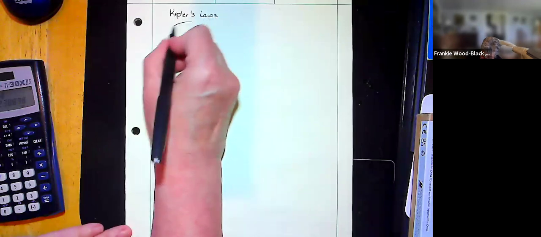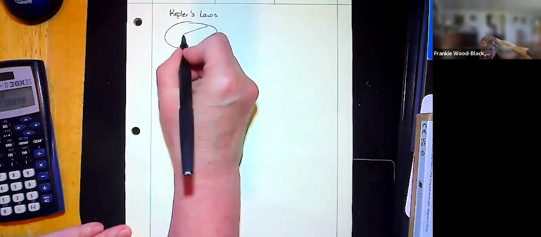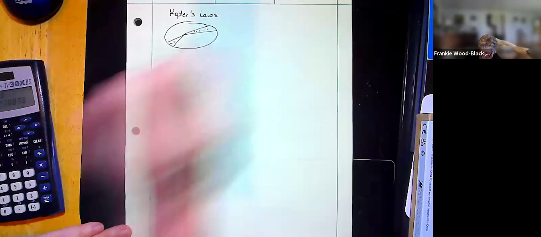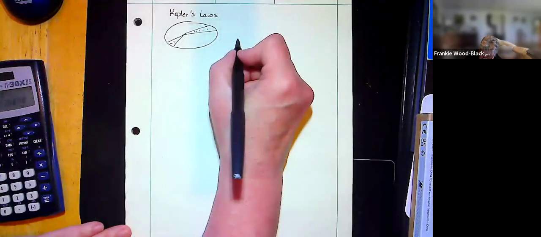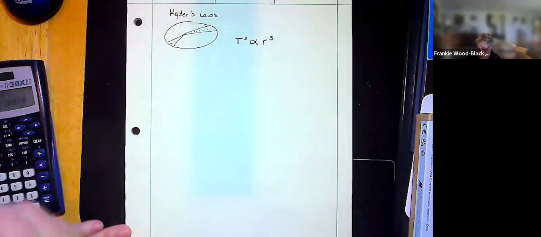And one of Kepler's laws was, if I look at my period here, we had our areas of our triangle, but we also had that the period squared was roughly proportional to the radius cubed.